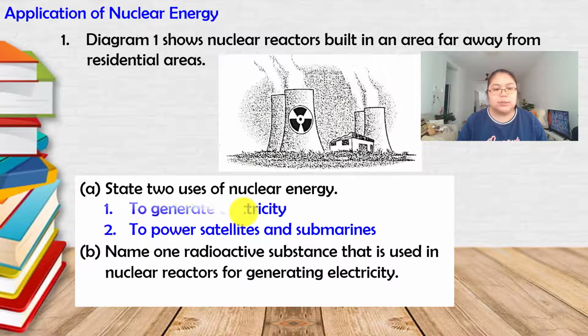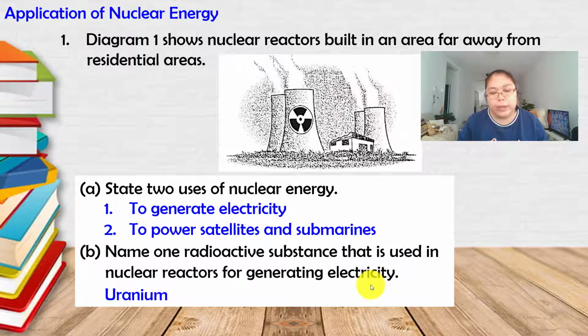Let's see the answer here: to generate electricity, to power the satellite and also the submarine. So either one. Then name one radioactive substance that is used in the nuclear reactor to generate electricity. The substance we use must be uranium. If you write plutonium it is okay, but normally we use uranium.